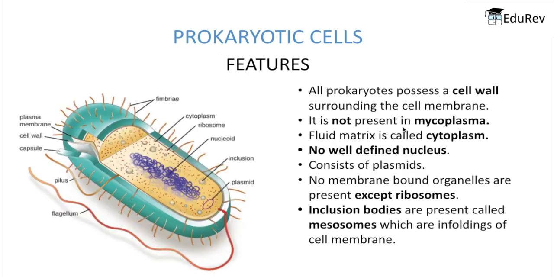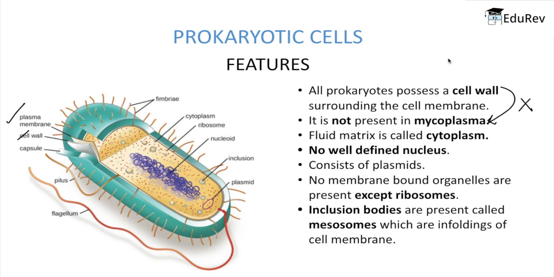So now let us understand the features of prokaryotic cells. All prokaryotic cells possess a cell wall which is surrounded by the plasma membrane or the cell membrane, also called the semi-permeable membrane. But the cell wall is not present in the case of mycoplasma.